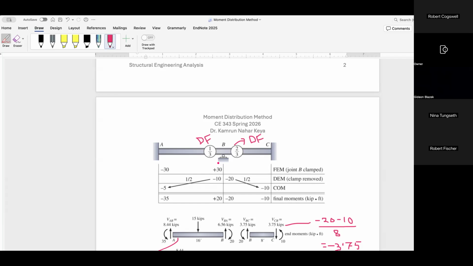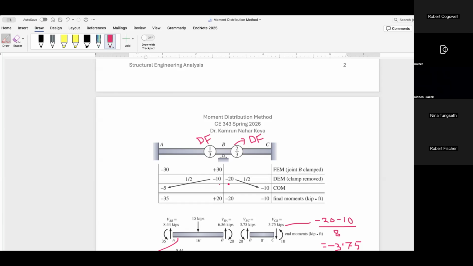So if it's plus, multiply with the distribution factor, then use the opposite sign of the FEM moment. So here 1/3 of 30, it's easy math, 10, and we use the opposite sign, so minus 10. For point A, it will be half of whatever we just computed. Half of 10 is minus 5.